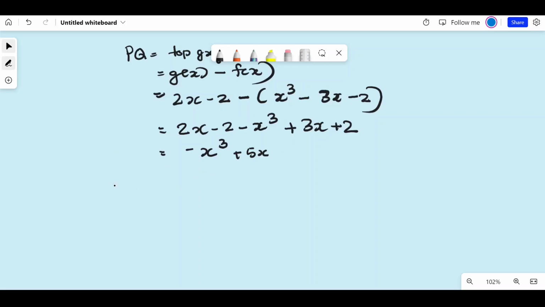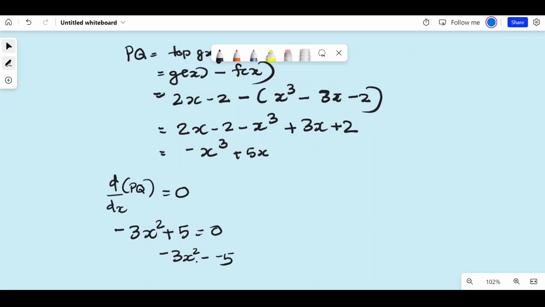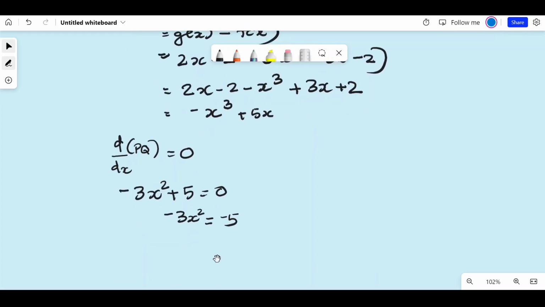That means d over dx of PQ is equal to 0. That means negative 3x square plus 5 equal to 0. That is negative 3x square equal to negative 5. Therefore, x square equal to 5 over 3. Therefore, x equal to square root of 5 over 3.